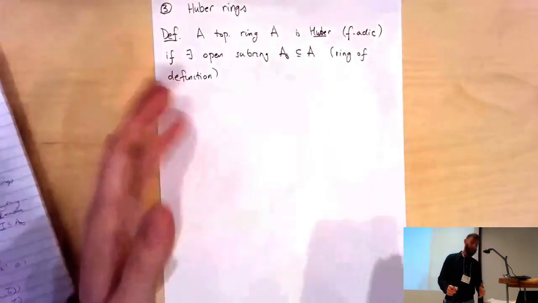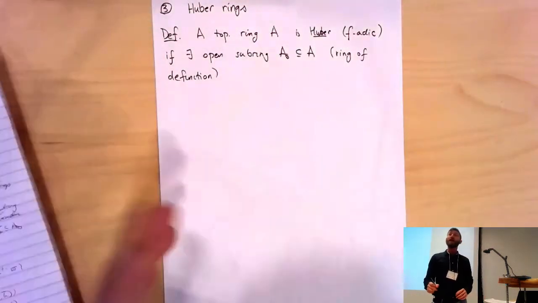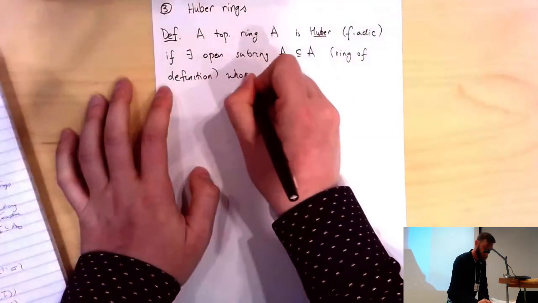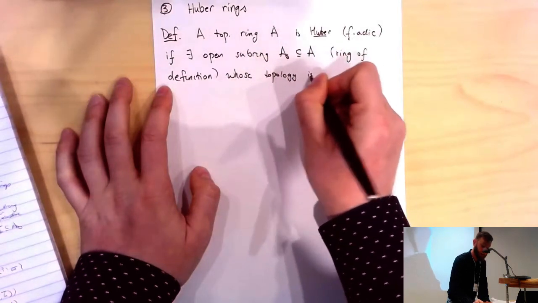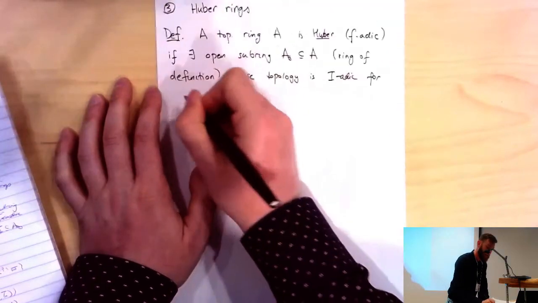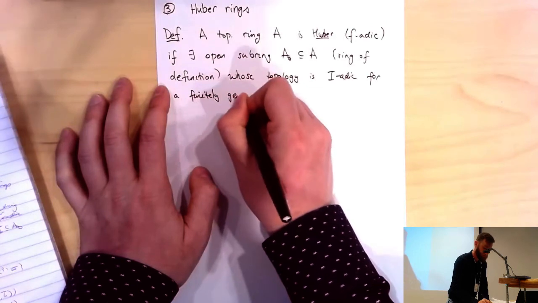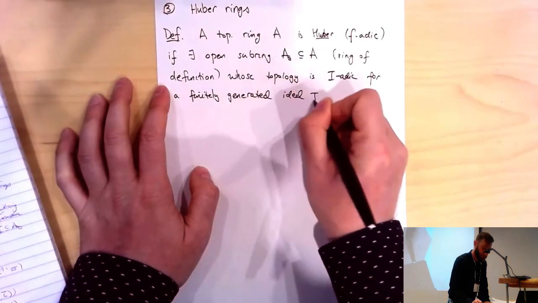And the topology on this A_0, this open subring, is supposed to be linear and generated by an ideal I. So I'll just write whose topology is I-adic for a finitely generated ideal I inside of A_0.